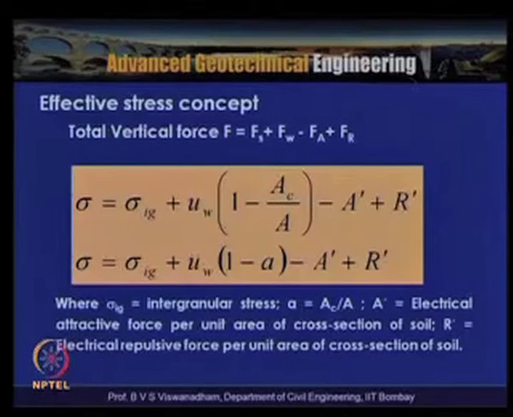So sigma is equal to sigma Ig plus Uw into (1 minus a) minus A dash plus R dash, where sigma Ig here is nothing but intergranular stress, and a is equal to Ac by A, the contact ratio, and A dash is the electrical attractive force per unit area of the cross section. R dash is the electrical repulsive force per unit area of cross section of the soil. So A dash and R dash are the electrical attractive or repulsive forces per unit area of cross section.